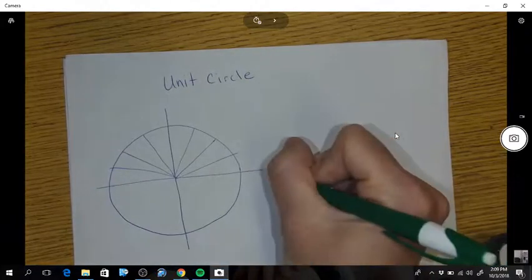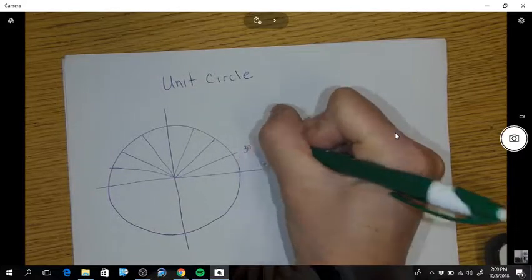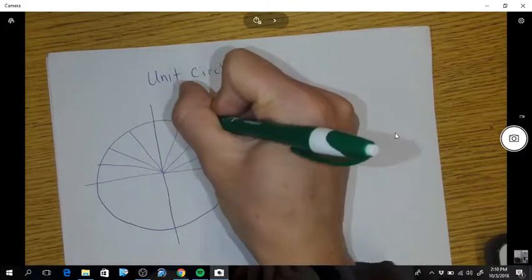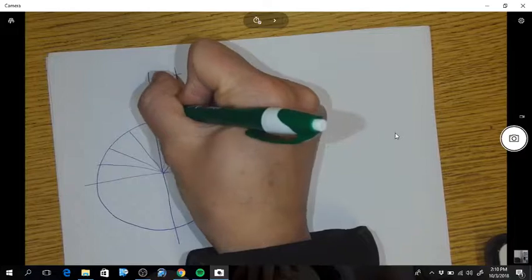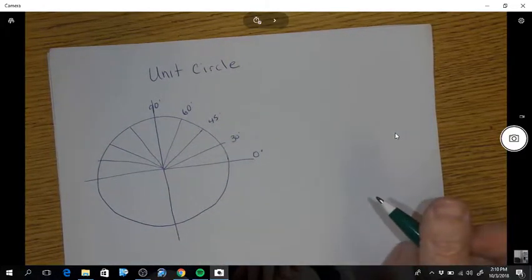Okay, here's the pattern. So we're going to have 0 degrees, and then we're going to have 30 degrees, 45 degrees, 60 degrees, and 90 degrees. Can you keep going with that pattern?